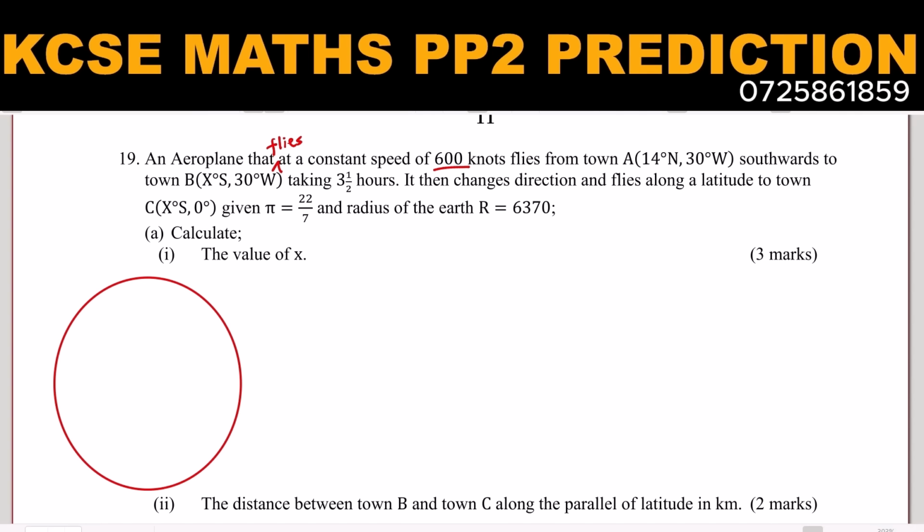So we have A, 14 degrees north, so that latitude is 14 degrees north, and 30 degrees west, so I can put it there.